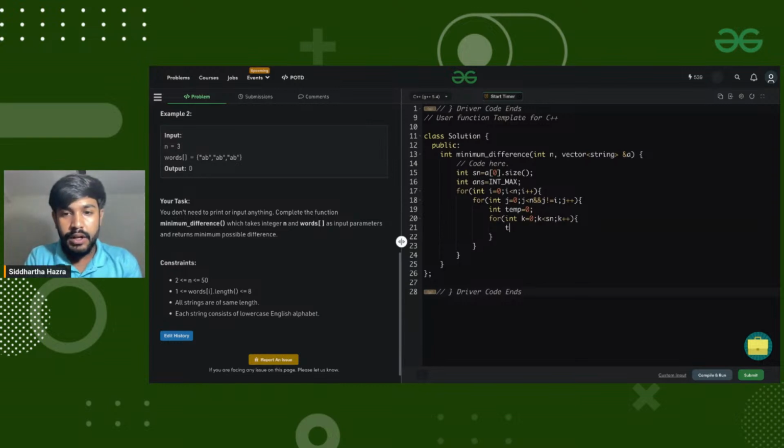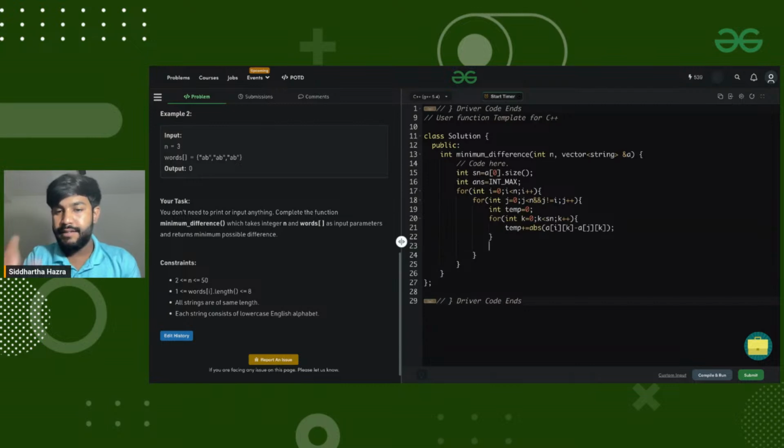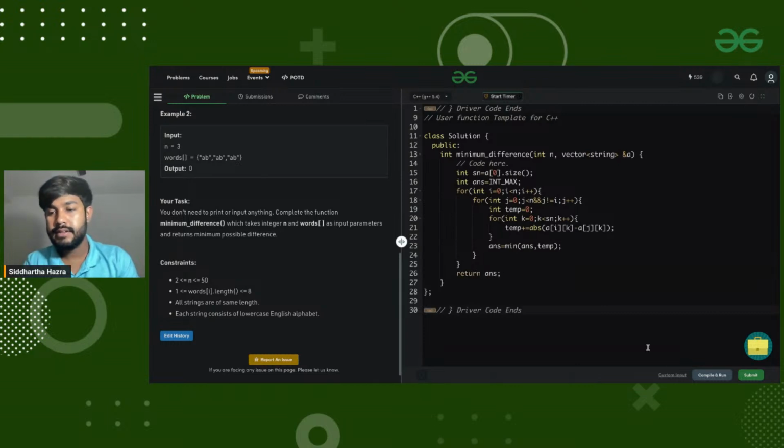Now temp plus equals abs of A of i at k minus A of j at k. At the end, after this whole comparison is done, I would say answer equals minimum of answer, comma, temp. And then at the end, we would return answer.